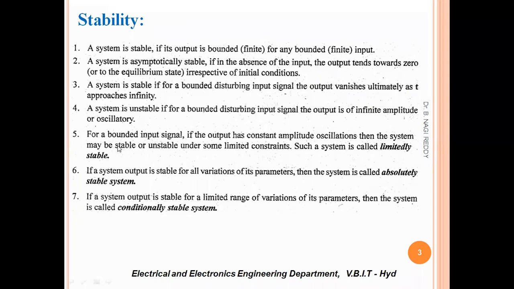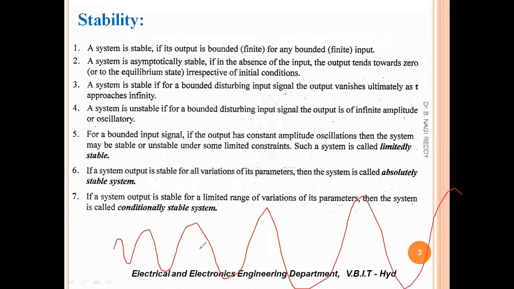And the fifth definition is, for a bounded input signal, the output has constant amplitude oscillations. Oscillations can be of any type. These are also oscillations, but you can see the oscillations are increasing with respect to time. But what is said here is, if the oscillations have a constant amplitude, like our sinusoidal signal, the amplitude is the same whatever the time.